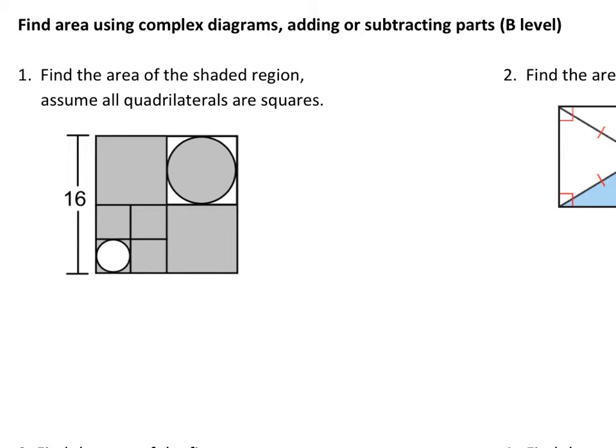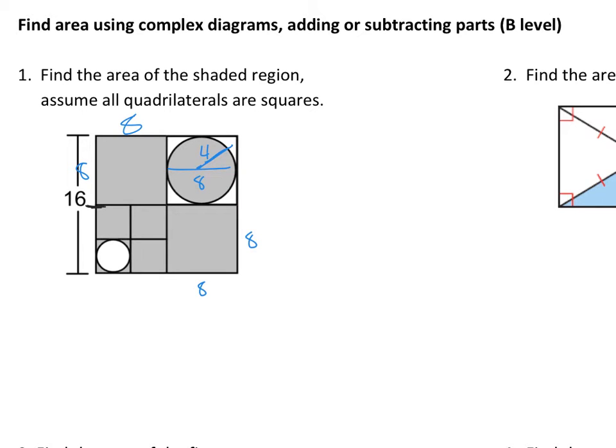So we have this side length is 16. Well, we are going to break that into 8 and 8. So that kind of means this is 8 and 8. This diameter is 8, which means this radius I'm going to draw in here is 4.